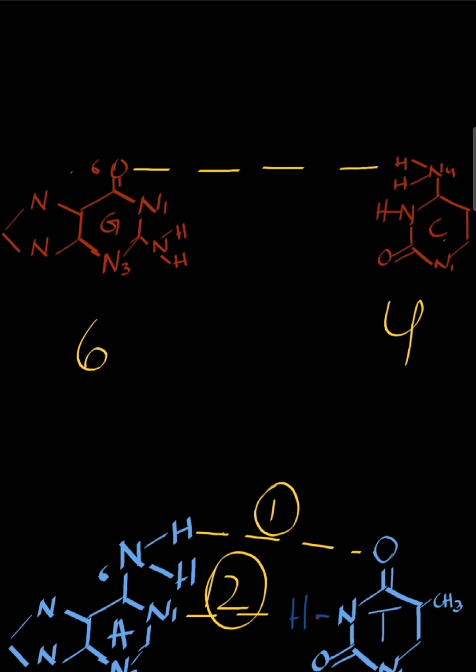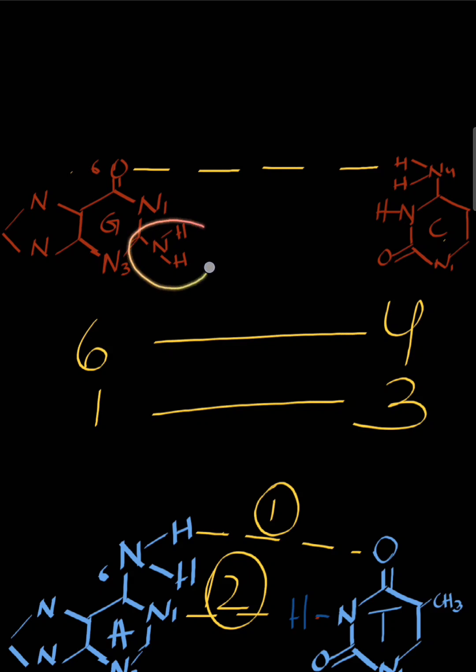Out here, you see that 1 can form a bond with 3. So the first position of guanine can form a bond with the third position of cytosine. Another one is the second position, NH2, can form a bond with the second position, O. Yes, there is a possibility.